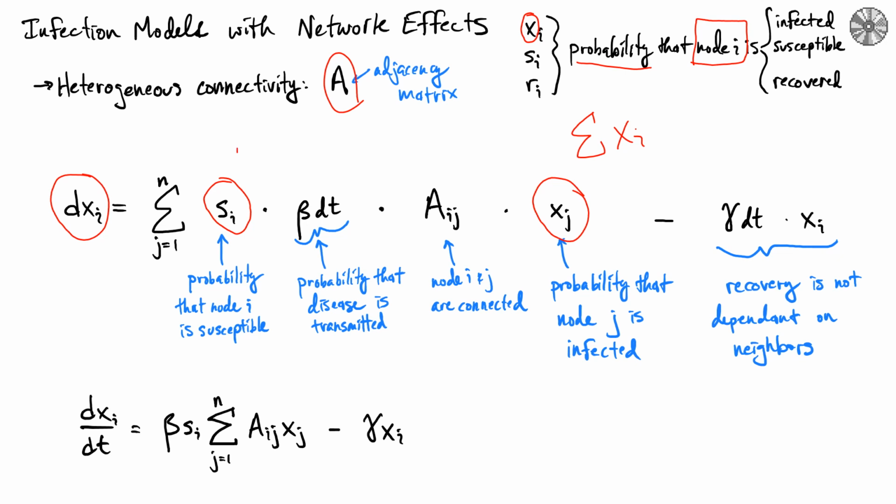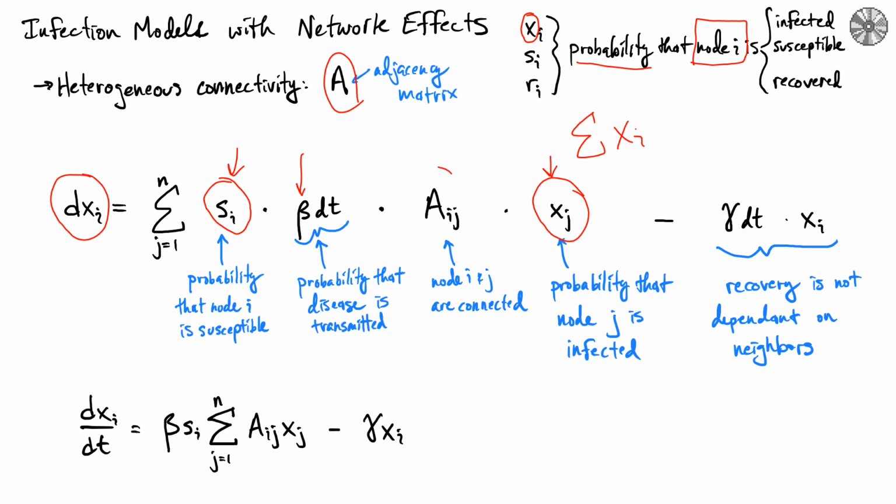So the probability that node I is susceptible, multiplied by the probability that node J, a neighbor, is infected, multiplied by the beta term, where beta again is that rate, gives you that same term that we saw before in the SI and the SIR population level models.